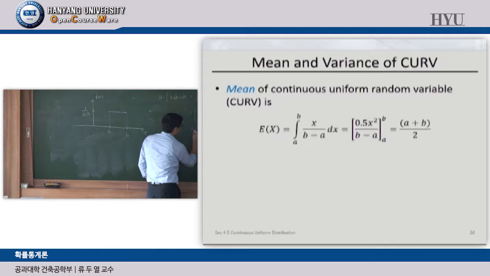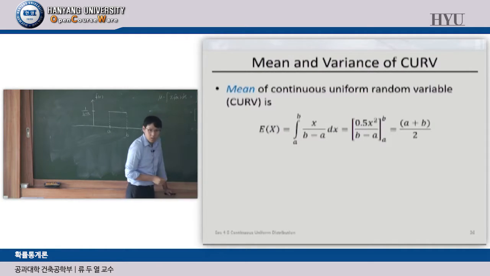And this will be b squared minus a squared over 2 (b minus a), right? And what is this?